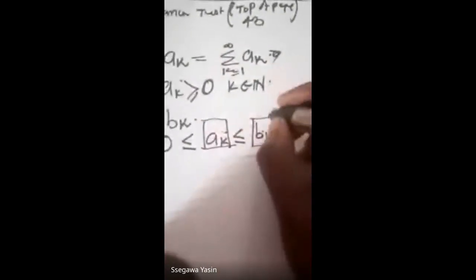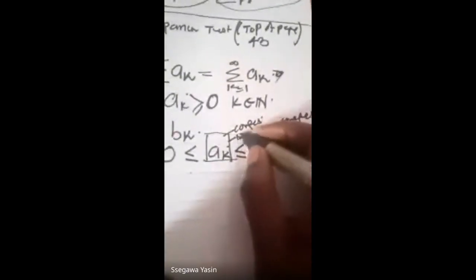Hope I'm clear about it. You pick this one, which is already bigger than the one given to you. If it converges using all the previous methods you have seen, then you conclude that the given one also converges. If it diverges, you conclude that the given one also diverges. That is the relationship.